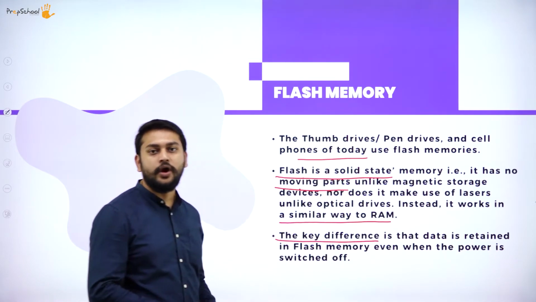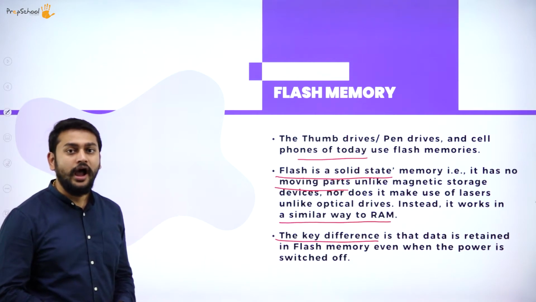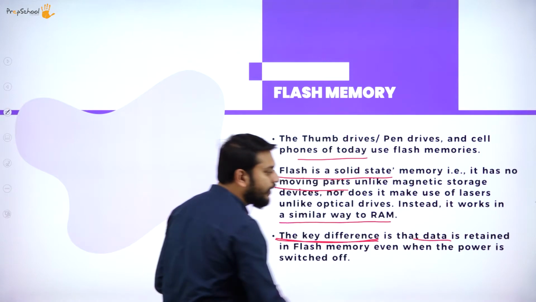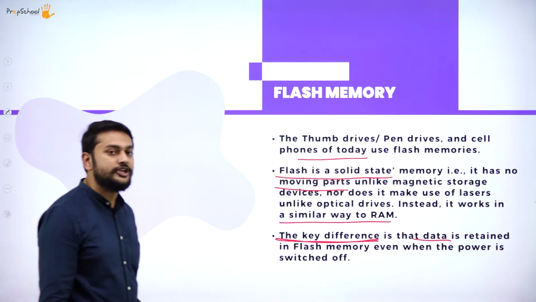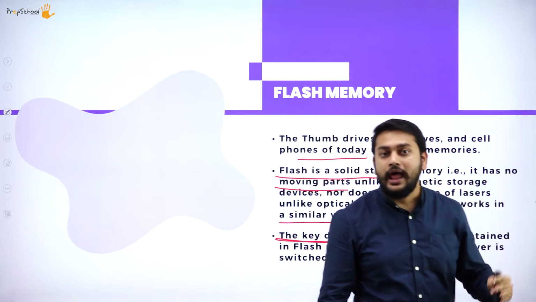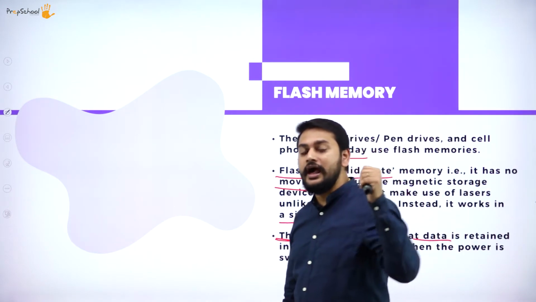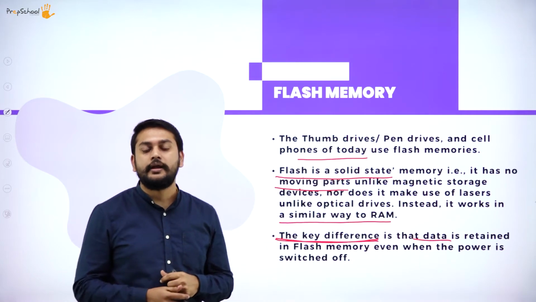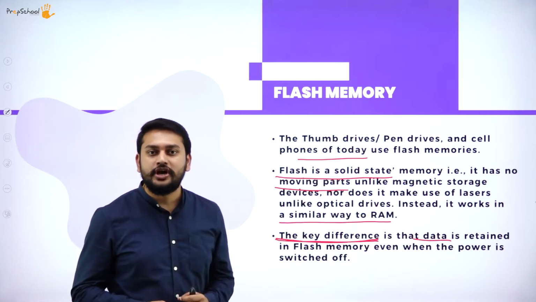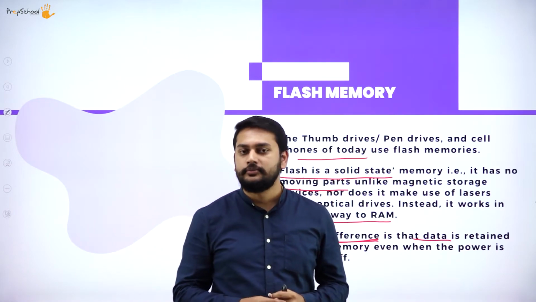That's very advantageous. I repeat for all of you, even if the power goes off, whatever data I have is retained in the flash memory. It will not happen in RAM, but in flash drives it happens like that. That is the most advantage that we have in flash memory.